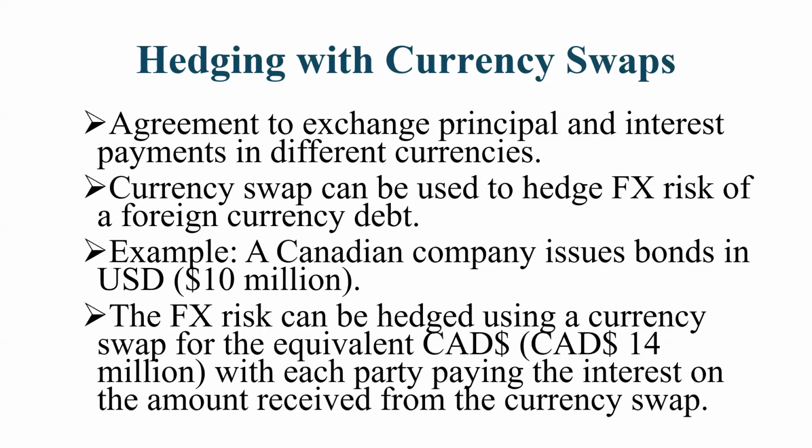The FX risk can be hedged by entering into a currency swap contract with a counterparty such as a bank for the equivalent 14 million Canadian dollars, with each party paying the interest on the amount received from the currency swap. At maturity, the principal amount swapped may be returned to each party.